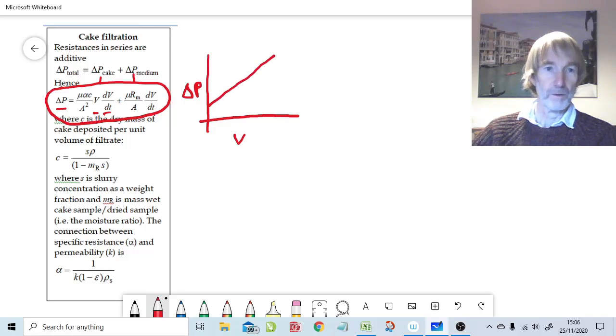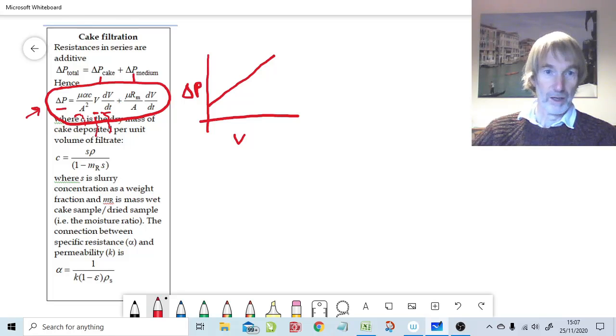So this equation here is effectively a y equals mx plus c type equation. By definition, we have the constant rate, so that's a constant. If it's an incompressible cake, then everything else inside here is a constant. So our independent variable is the volume of filtrate.